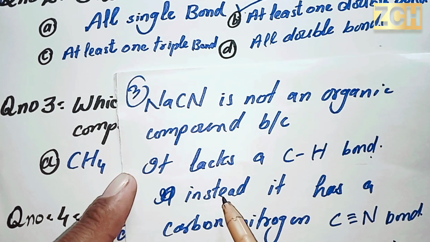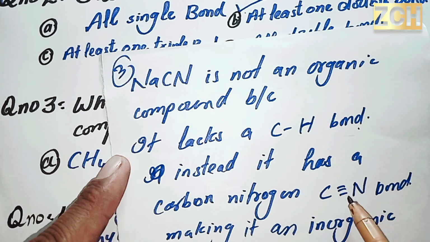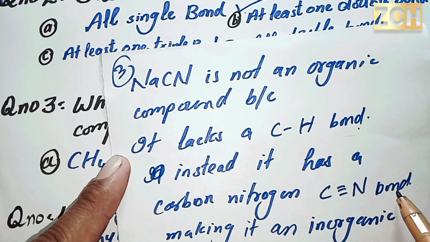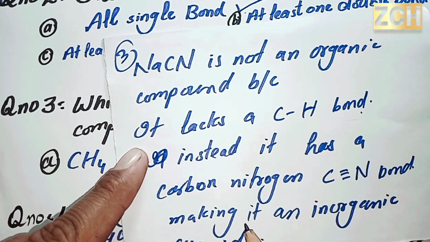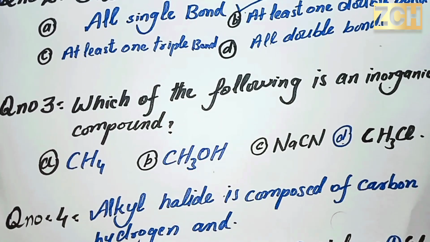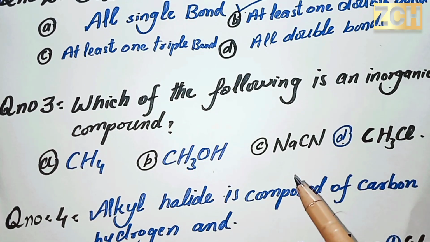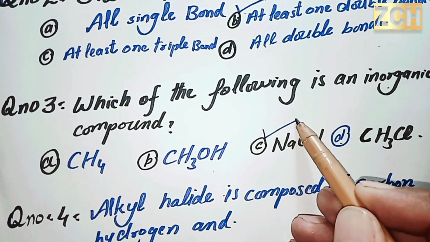Instead, it has a carbon-nitrogen triple bond, making it an inorganic cyanide. So here sodium cyanide is the inorganic compound.